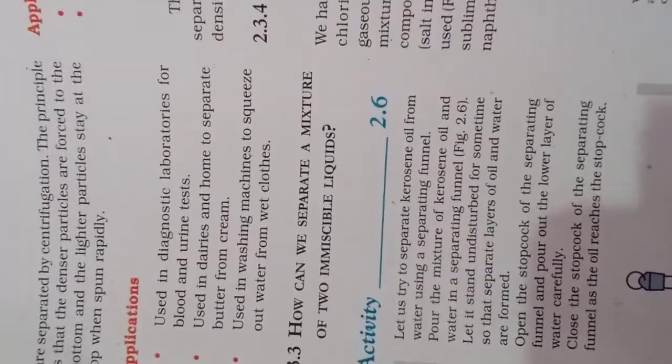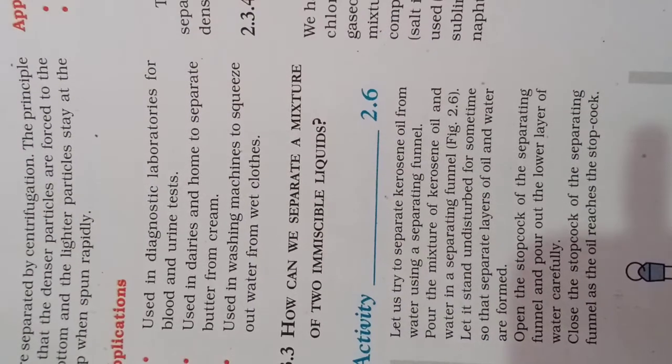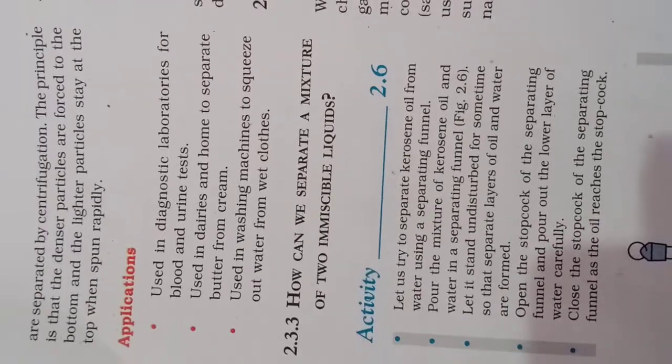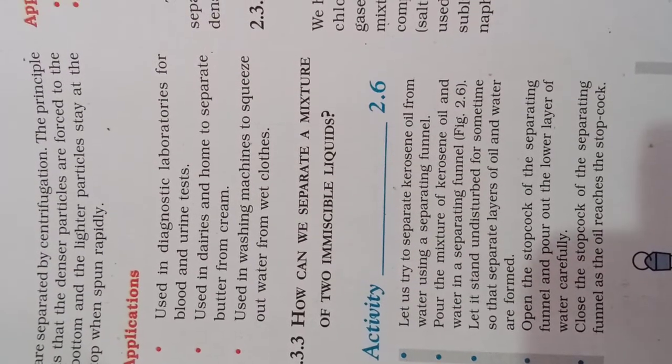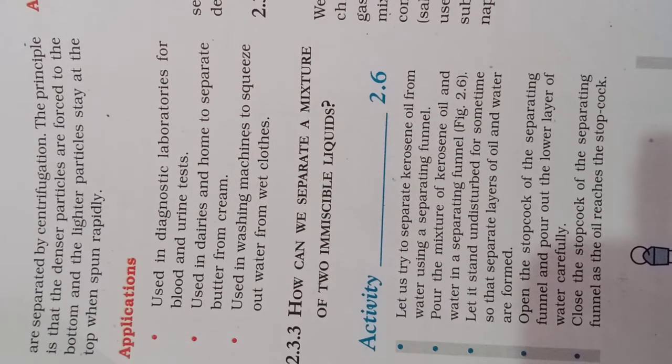So, what is centrifugation? In the centrifugation process, the particles are rotated quickly in a machine called a centrifugating machine. When we apply high rotation, the particles collide with one another, start carrying charges, and combine to form bigger particles.